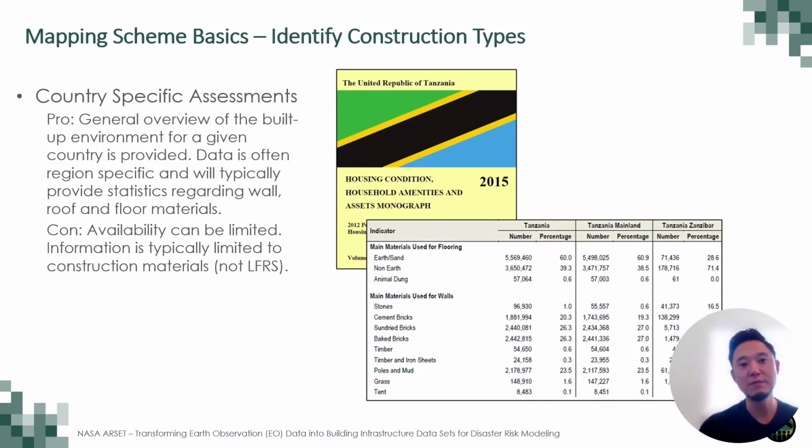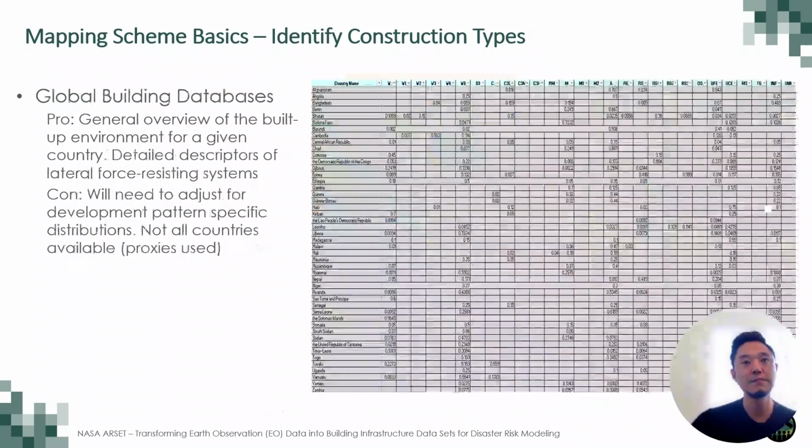They'll give you the main materials for things such as the walls, but you're going to have to use the information you gathered from your initial research to essentially assign these main materials to a structural system.